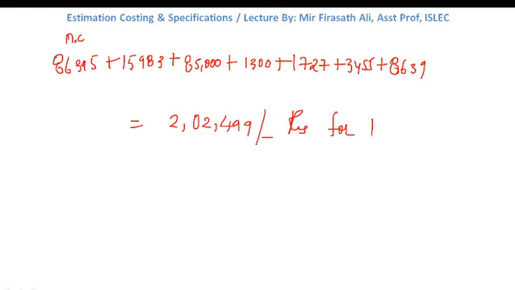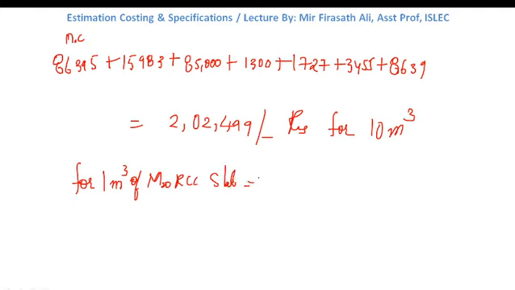This is for 10 meter cube of concrete. For 1 meter cube of M20 grade RCC slab, the value is approximately 20,250 rupees.